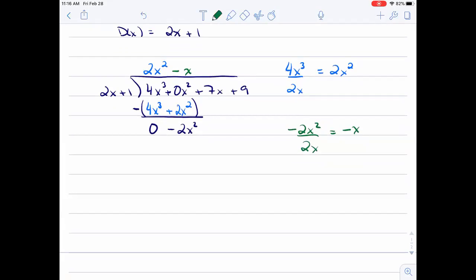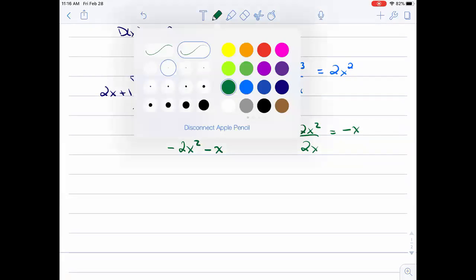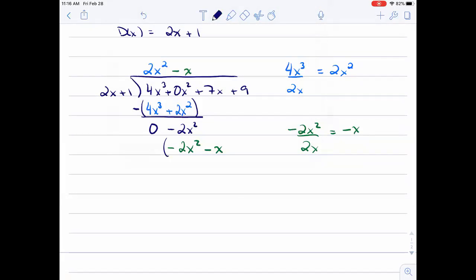So then I get minus x times 2x, so I get minus 2x squared. And then minus x times plus 1 puts me at minus x. Again, I'm subtracting this whole thing from the top.